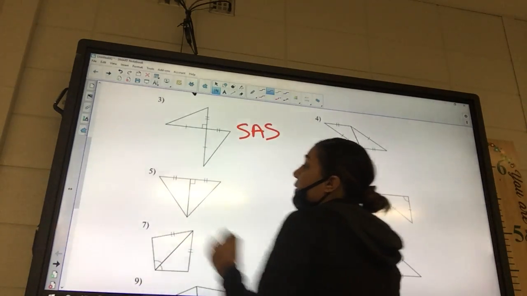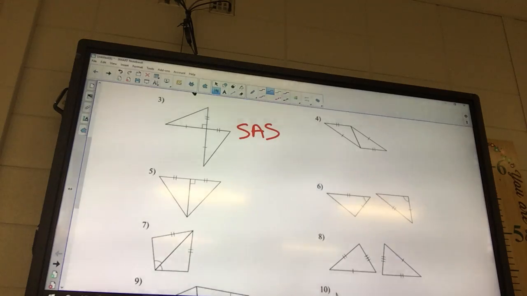Okay, look at 5. Take a second, look at it. What do you think? Why do you think they're congruent?